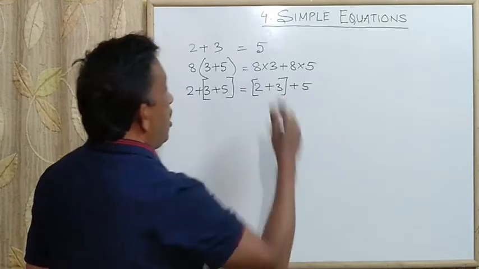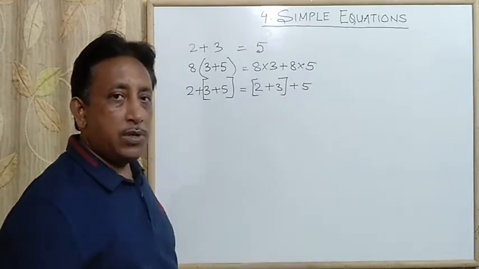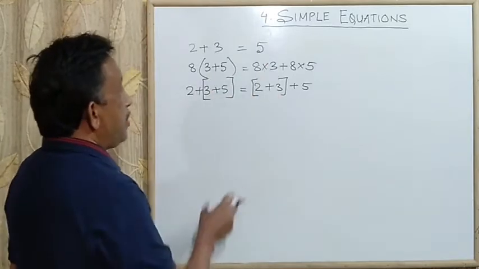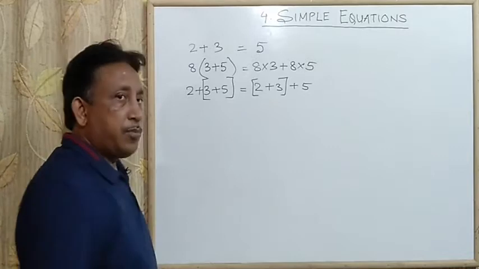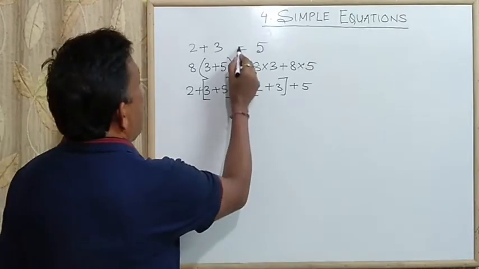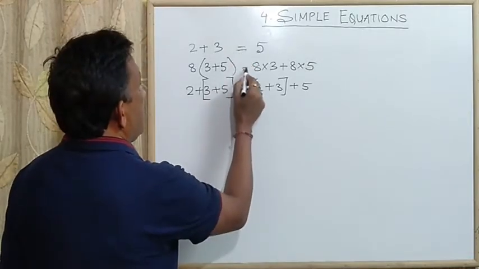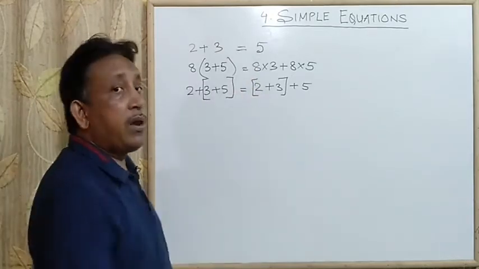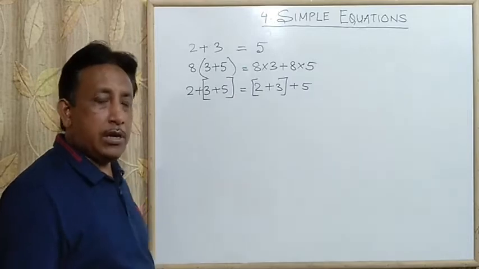This we have learned in properties of whole numbers and properties of integers. So this is called the distributive property, this is called the associative property. Now when I am writing the mathematical expression using an equal to sign, this is called a statement of equality, or simply equality.